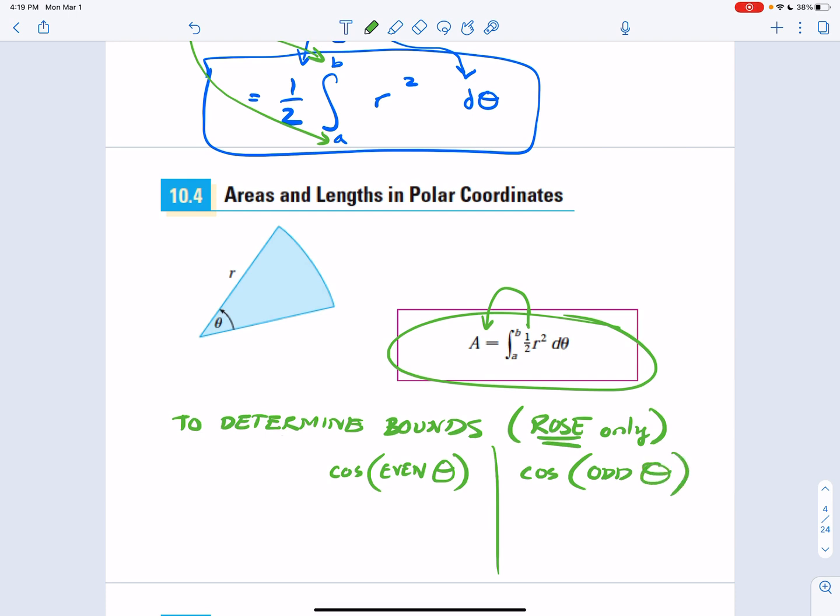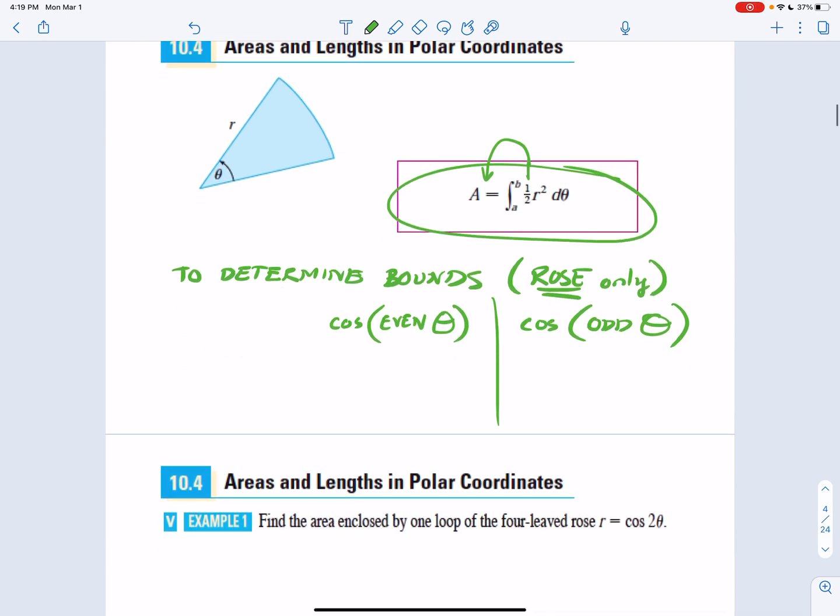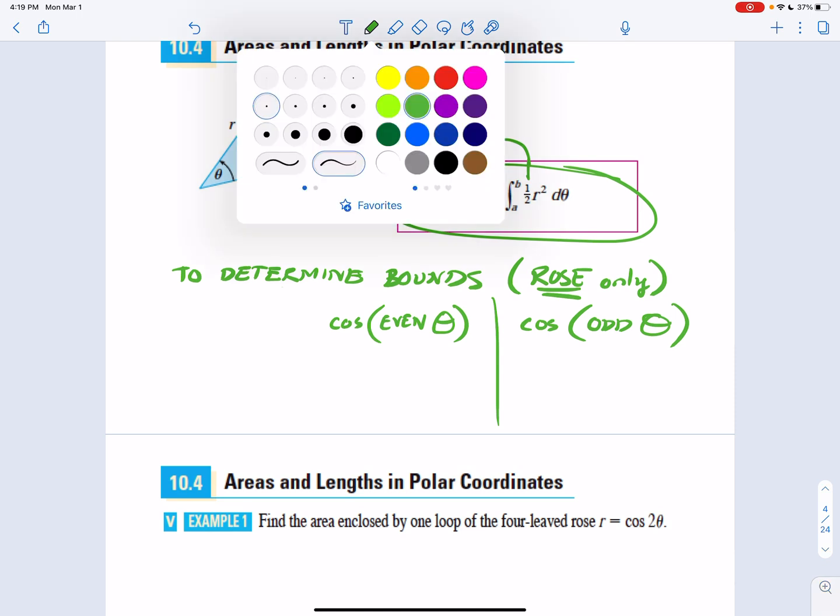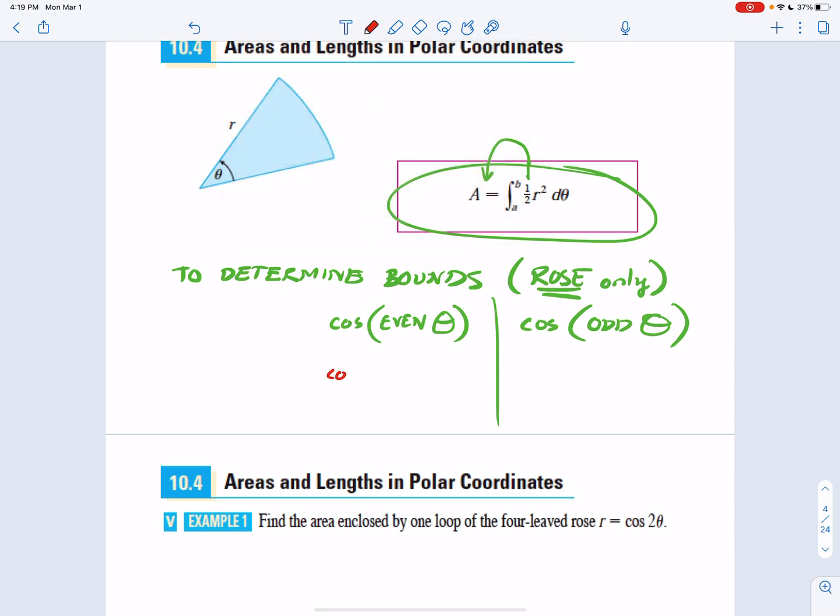I think you guys know what even and odd are, but let me give you an example. So for instance, if I have the cosine of 2 theta, 2 is even, okay? 2 is even. Here's another example, cosine of 5 theta.